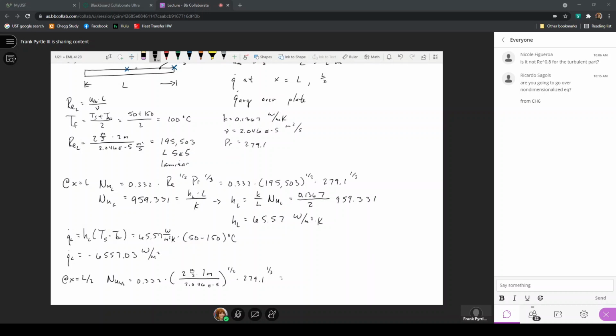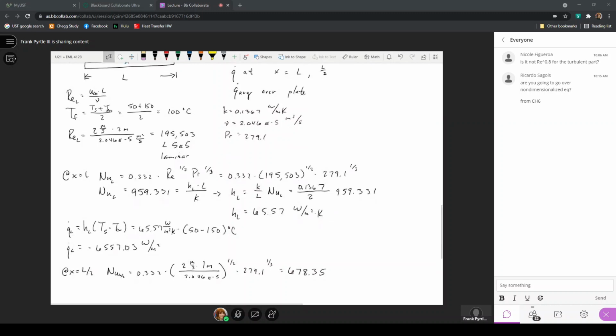Here, this Nusselt number at L over 2 is 678.35. So we have a difference in those quantities here. The Nusselt number at the trailing edge was 959.331, and here it is 678.35. And it's a lower value because, of course, the Reynolds number is lower.